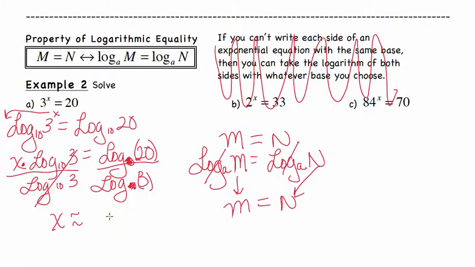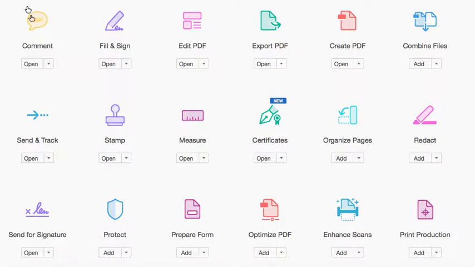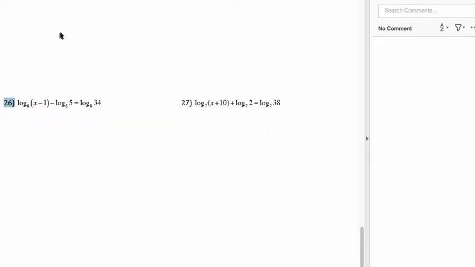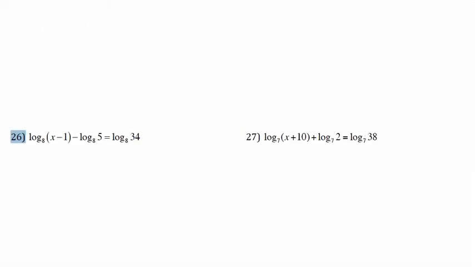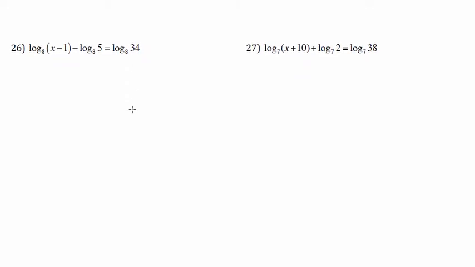Now in number 26, instead of putting the log onto each side, we're actually going to be taking it off. Okay, so there's 26. Before I can take the log off, I actually have to condense my 2 logs into one first.